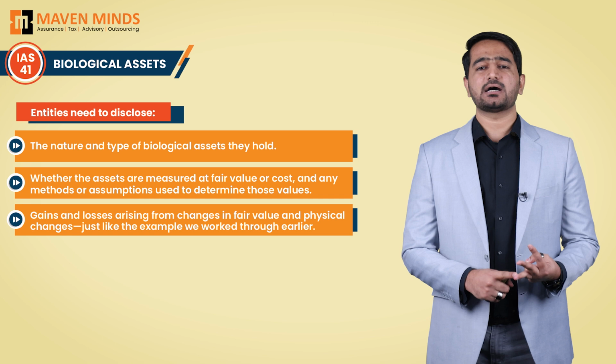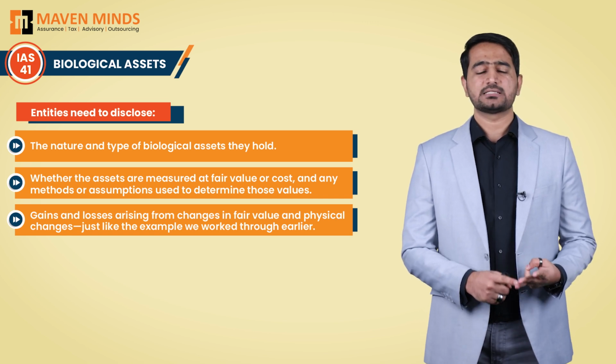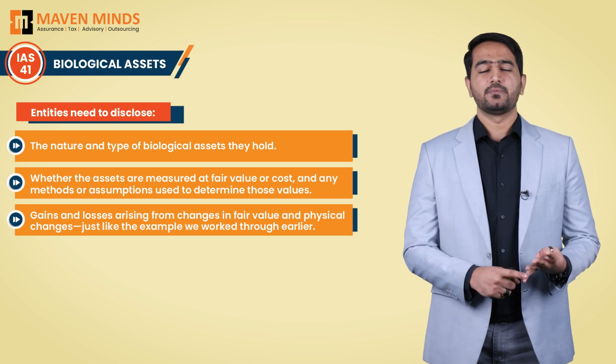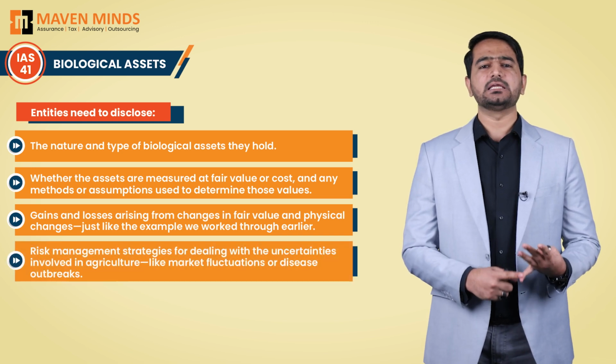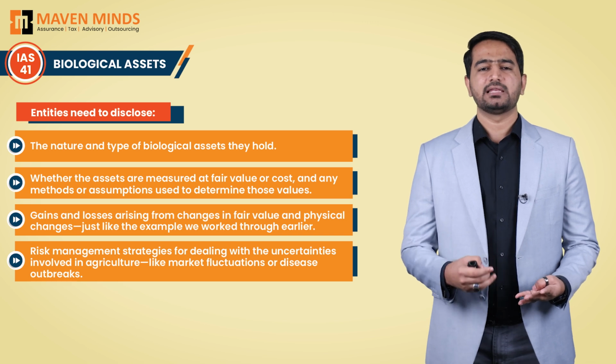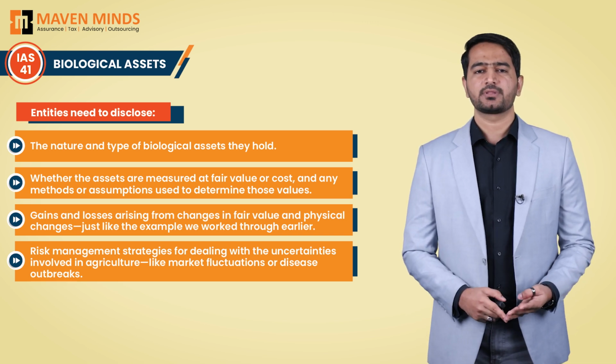Gains and losses arising from the change in fair value and physical change, just like the example we worked through earlier. Risk management strategies for dealing with uncertainties involved in agriculture, like market fluctuation or disease outbreaks.